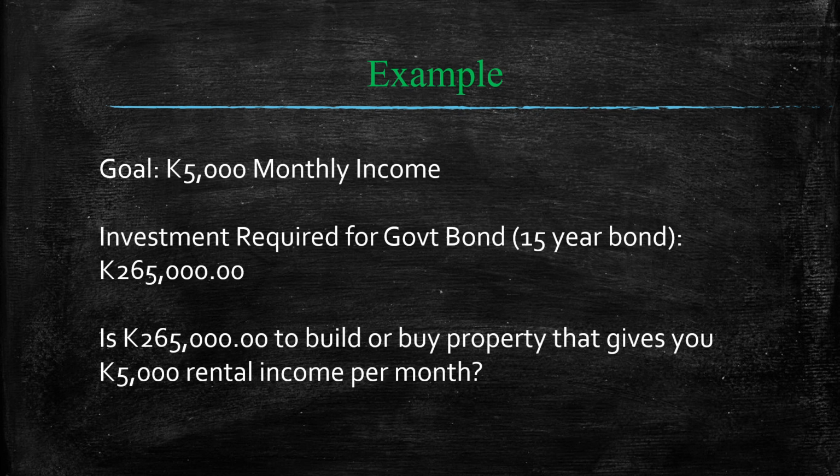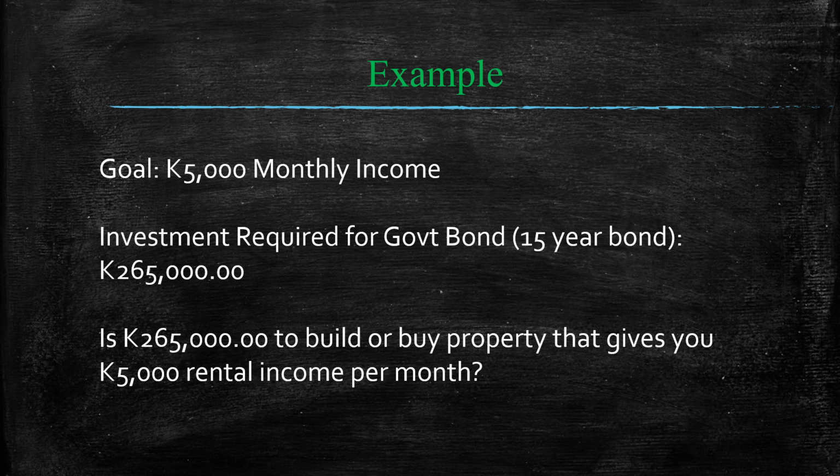So now the question is, are you able to build a house, for example, or property from 265,000 kwacha that will be able to give you a monthly income of 5,000 kwacha?